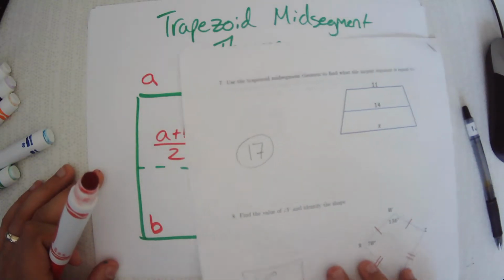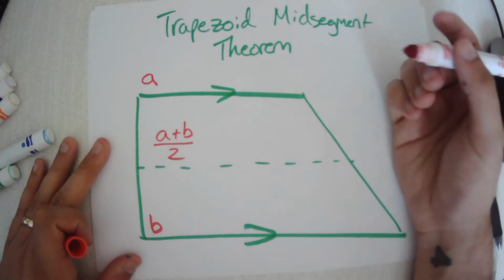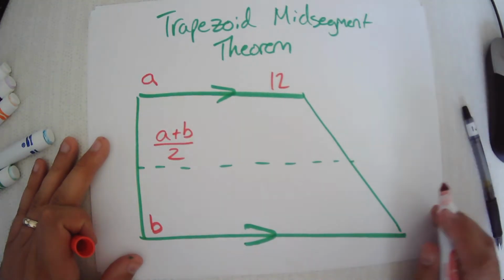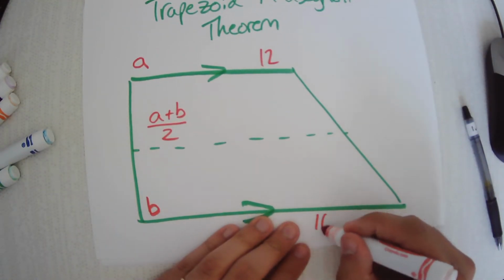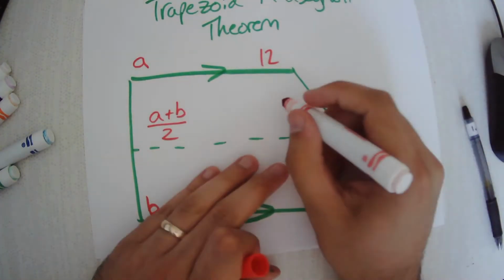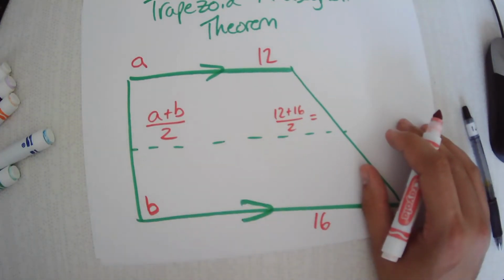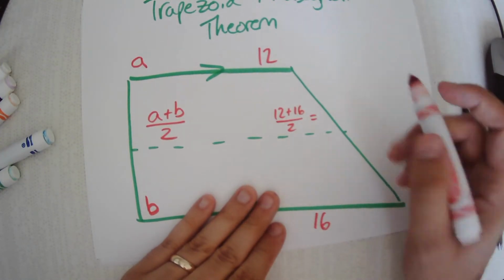11, 14, and X. We have a couple options. If we know this is 12 long, and this is 16 long, this average would be the average of 12 and 16, which turns out to be 14.